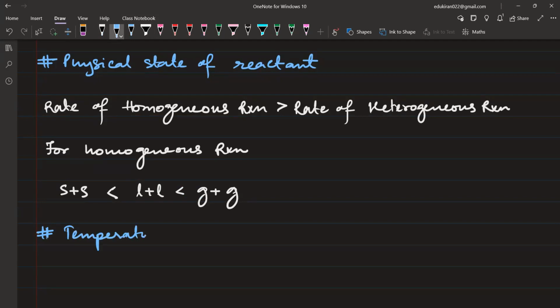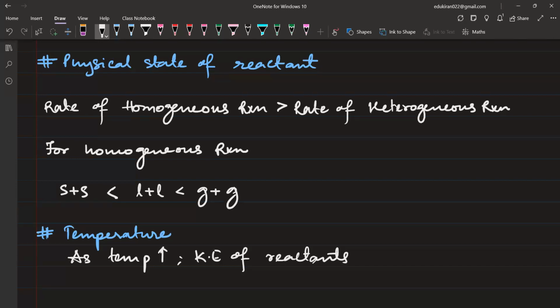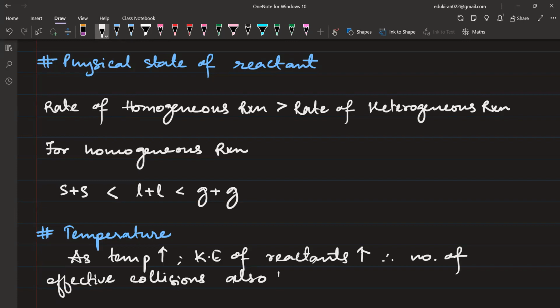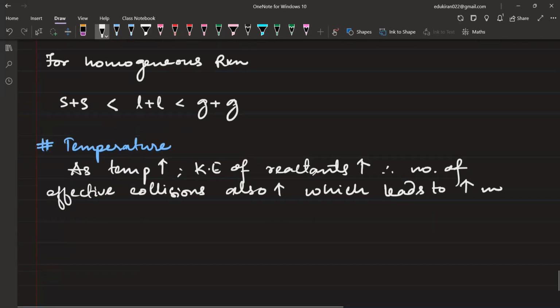The next is temperature that we have to discuss. Although we are going to learn about this temperature in great detail in the next class, but एक simple सा आप ये कर सकते हैं, as temperature increases, kinetic energy of reactant increases, therefore number of effective collisions also increases, which leads to increase in rate of reaction.